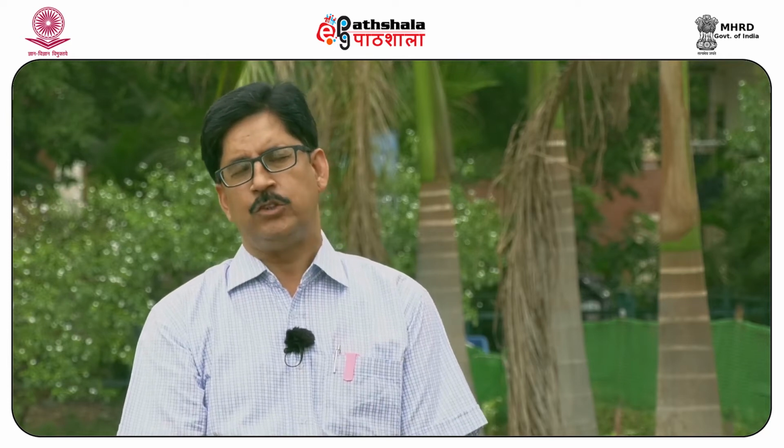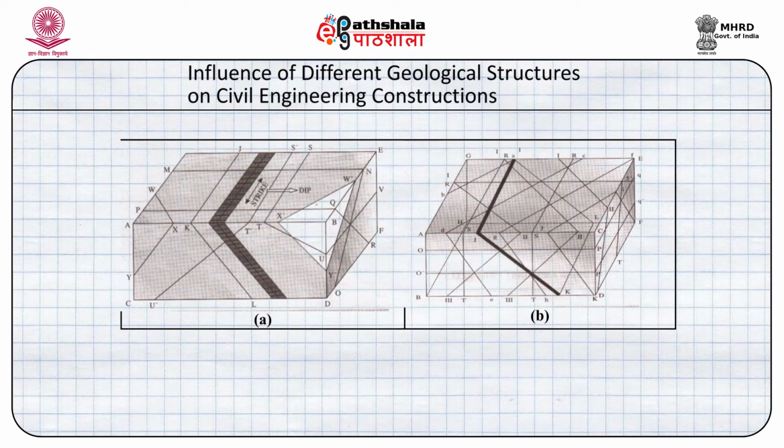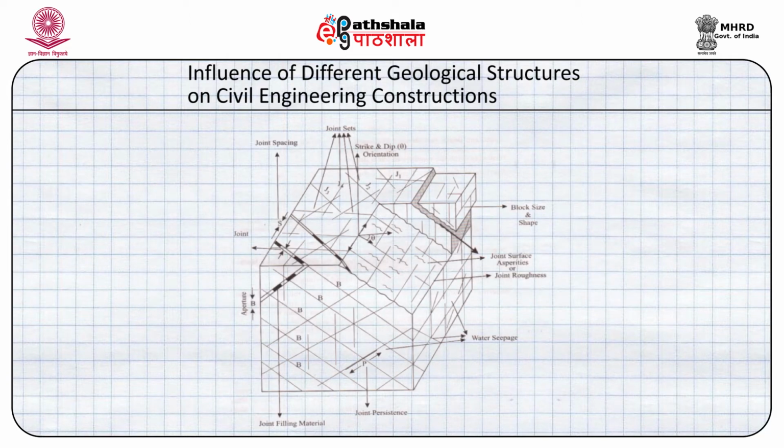For example, if the joints are present 2 meters apart, and you have 3 sets of joints, then it will create a cube of 8 cubic meters. Similarly, if you have joints 2 centimeters apart and 3 sets of joints, then it will create a cube of 8 cubic centimeters.